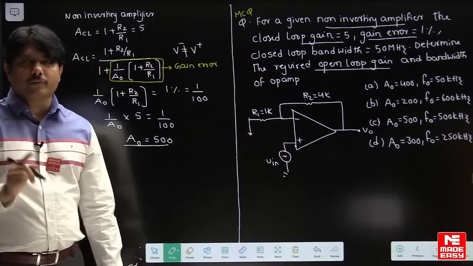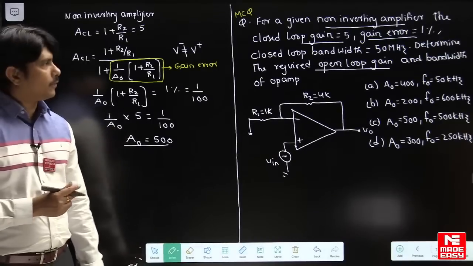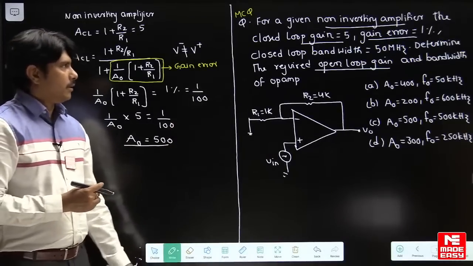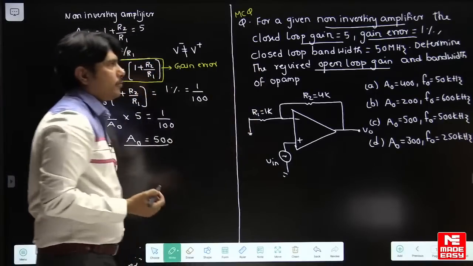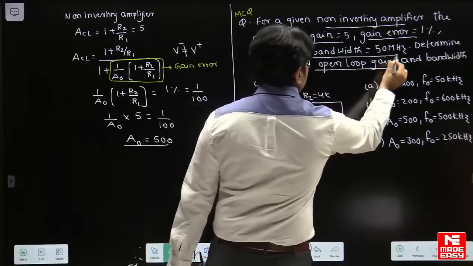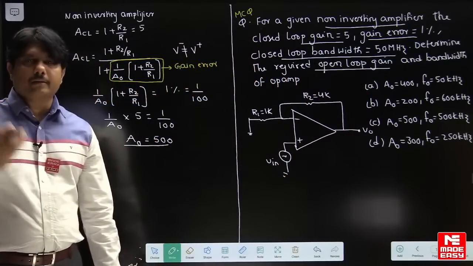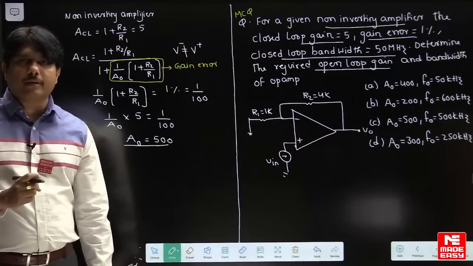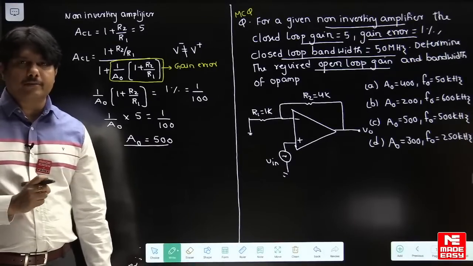Not only open loop gain, in this question he is also asking for bandwidth. If you want to find the bandwidth, why can't you use the information he has given? Closed loop bandwidth he has given as 50 megahertz, and he is asking how much the open loop bandwidth is. Then immediately the student should recall that the gain bandwidth product is constant. That logic has to come into his mind.